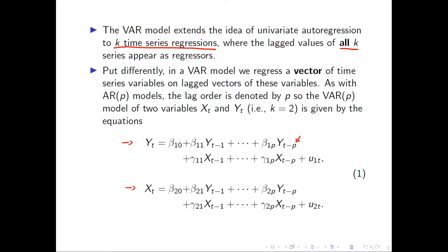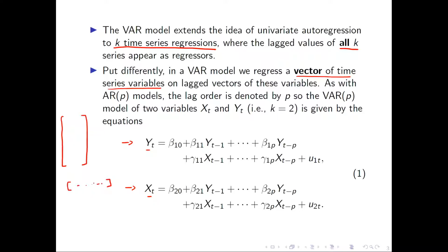But we're getting back to that, because what you see is that these variables can be regarded as a vector of time series variables. And remember that a vector is a collection of, for example, numbers in either a column or in a row.